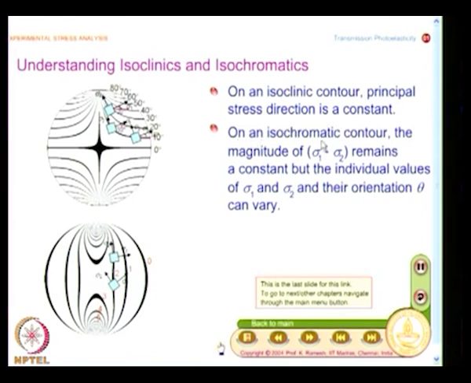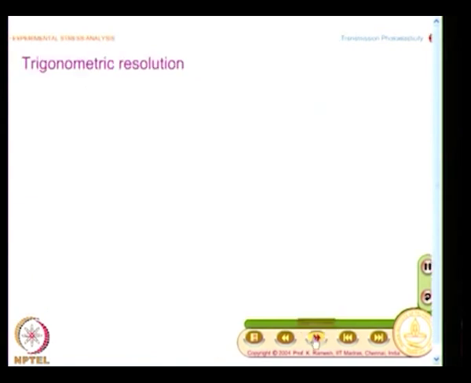On an isochromatic contour, the magnitude of sigma 1 minus sigma 2 remains a constant, but the individual values of sigma 1 and sigma 2 and their orientation theta can vary. So, we have exhaustively looked at, from a qualitative argument, what isochromatics and isoclinics are.